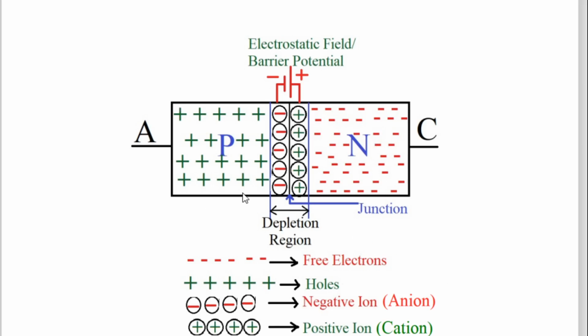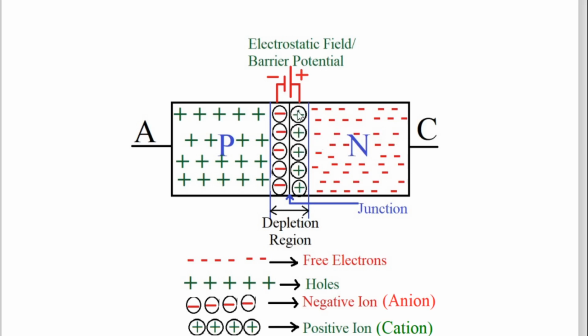So once again I will repeat: p-type material has a large number of holes marked by the positive sign. N-type material has a large number of free electrons marked by the negative sign. When p-type material is combined with n-type material in a single crystal, migration of electrons from the n-side material will take place towards the p-type material.